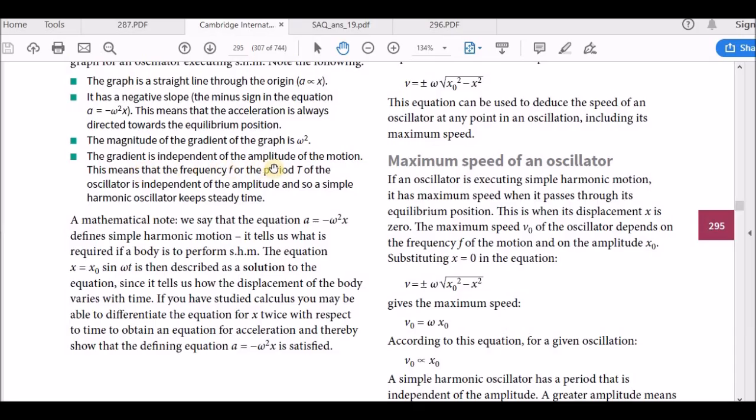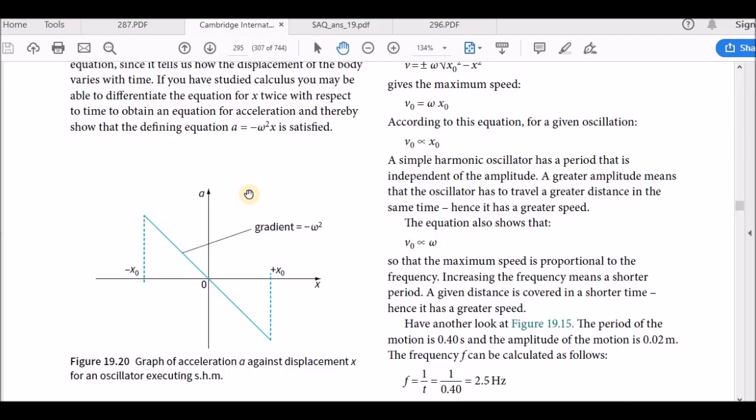The gradient is independent of the amplitude of the motion. This means that the frequency f or period T of the oscillator is independent of the amplitude, and so a simple harmonic oscillator keeps steady time. Then this graph is very important. Acceleration versus displacement.